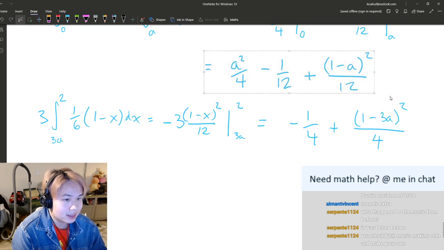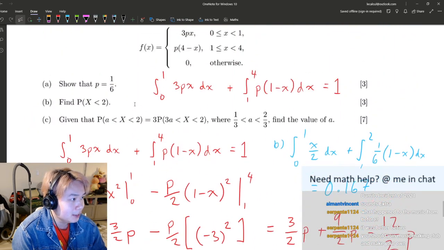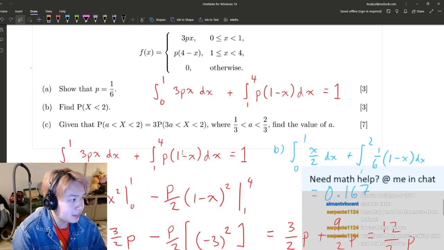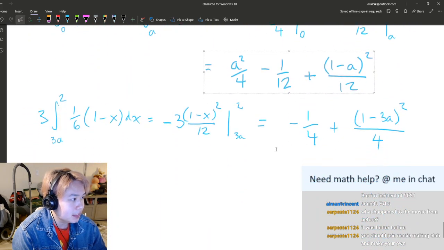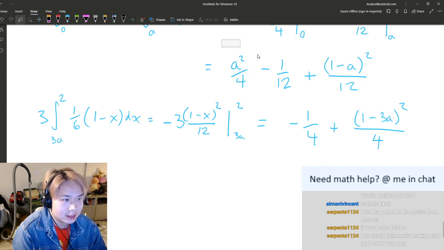But anyways, okay. So this is the left probability. And then I just found the right probability. And then I know that these two things are equal to each other.